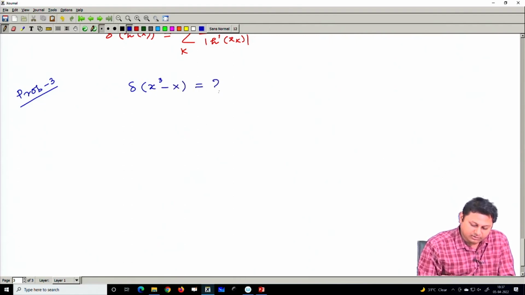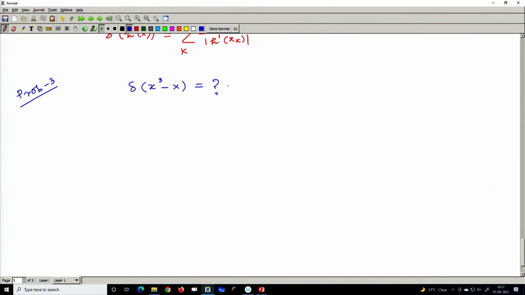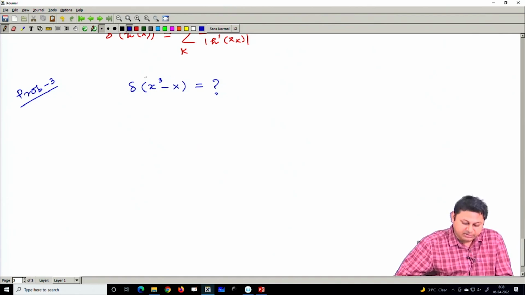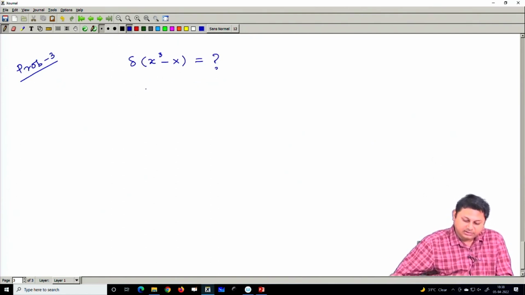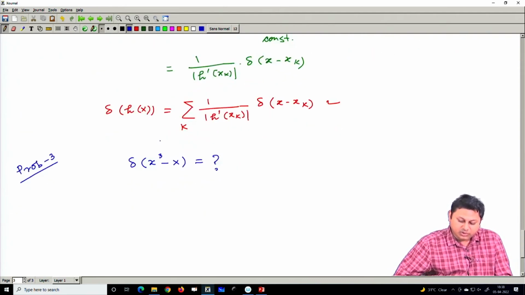How can I write this delta function, getting rid of the function in the argument? The result one can derive using the expression I just wrote here.